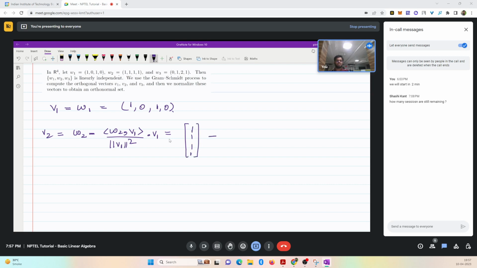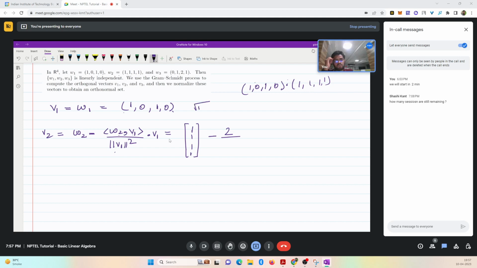Now what is W2 comma V1? W2 is 1 1 1 1 and my V1 is 1 0 1 0. So what is 1 0 1 0 dot 1 1 1 1? This is 1 into 1 is 1 plus 0 plus 1 plus 0, this is 2, divided by norm of V1 square. What is norm of V1 square?